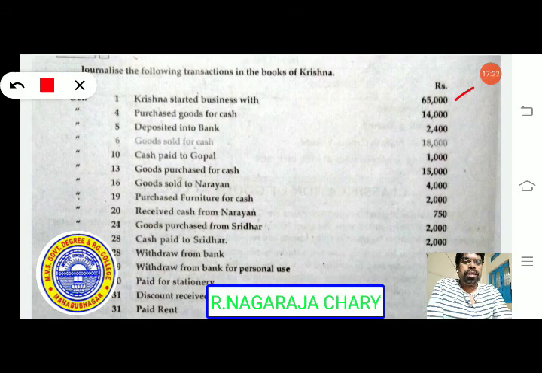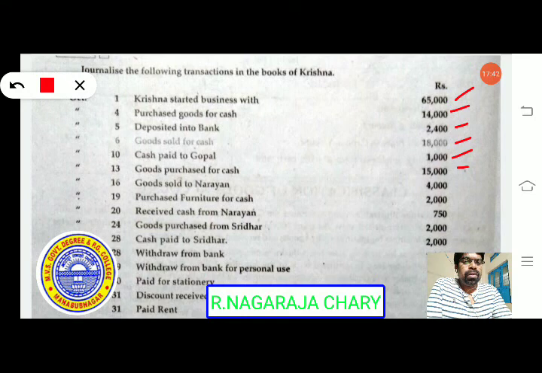Next, on 4th date purchased goods for cash, that is 14,000. On 5th date deposited into bank, that is 2,400. Goods sold for cash, that is 18,000. Cash paid to Gopal, that is 1,000. Goods purchased for cash, that is 15,000.